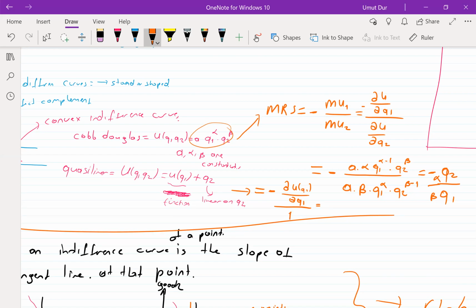Which means that it is du/dq1, with a minus.